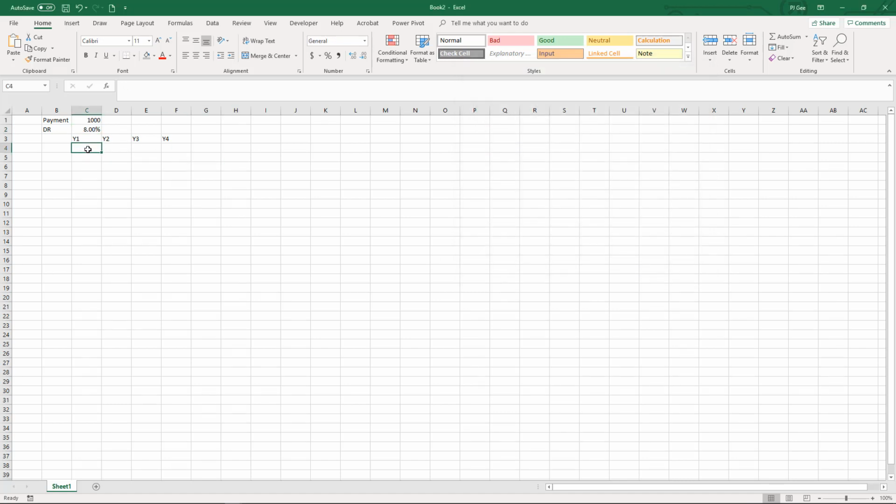Okay, so year by year, this is going to be equal to this payment up here divided by 1 plus this discount rate raised to what period are we in? We're in the first, so we'll just put that in there. Now, I encourage you to use all the parentheses necessary to keep the order of operations clear.